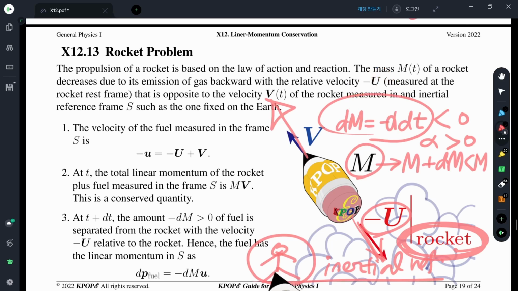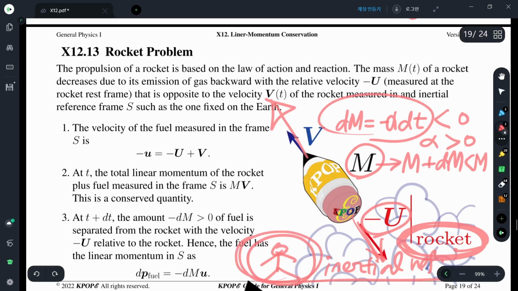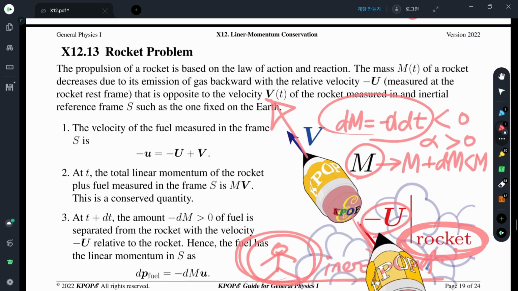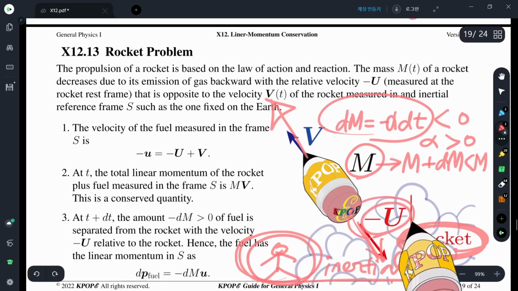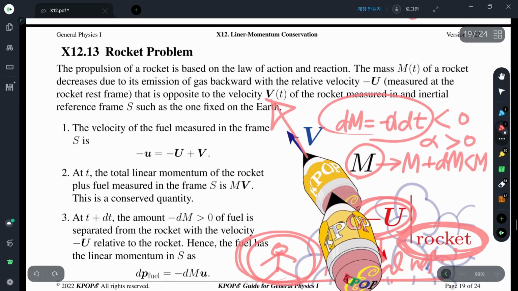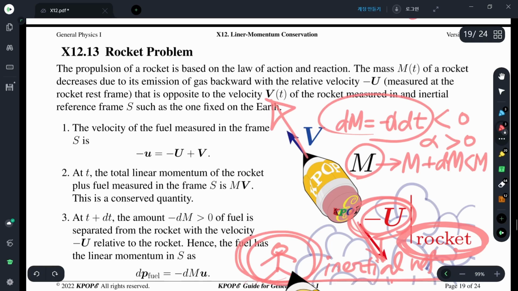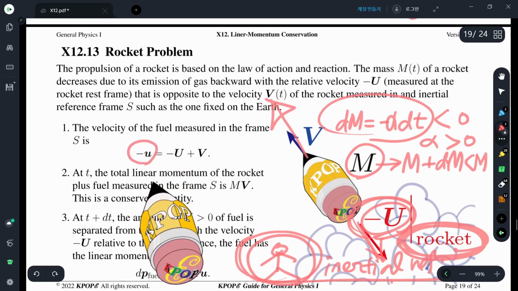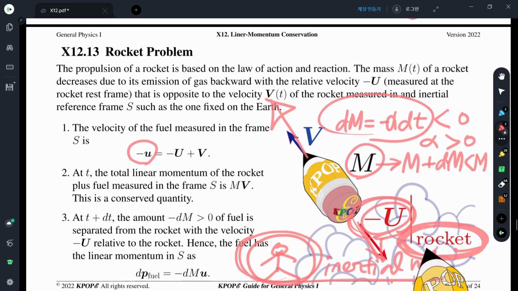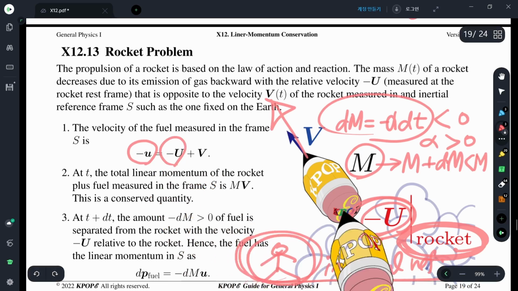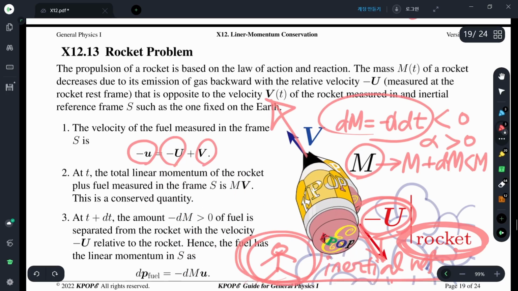So we stand on the Earth, on the inertial reference frame, and look at this rocket and ask what is the velocity of the gas. This is relative to the rocket, so to us it has a different notation: the relative motion of the gas plus the velocity of the rocket.